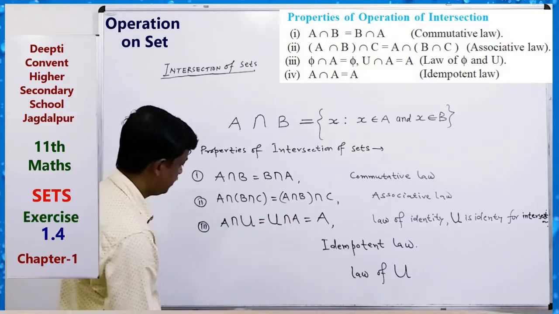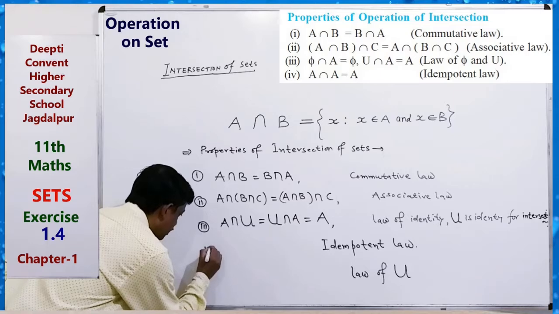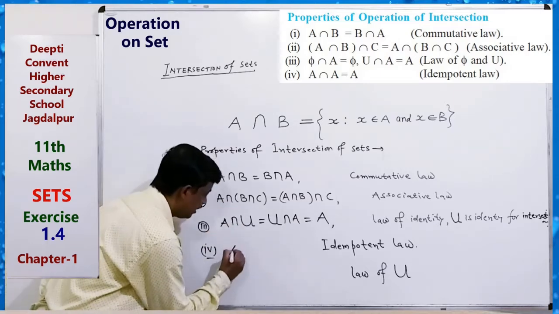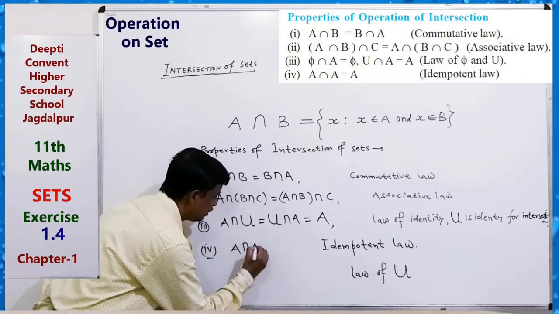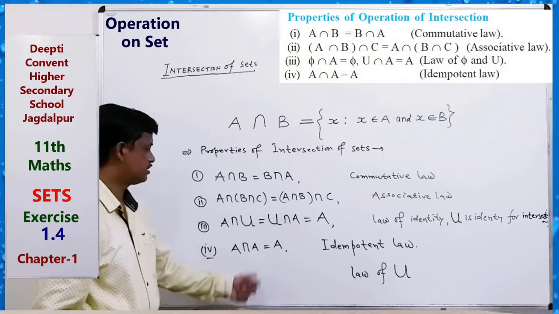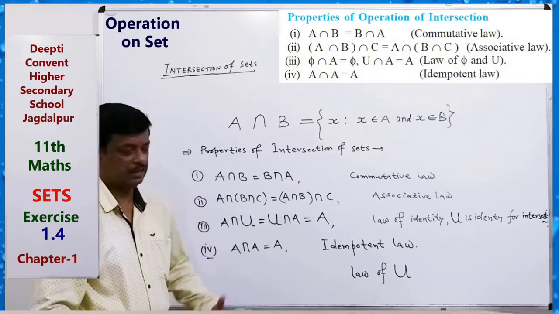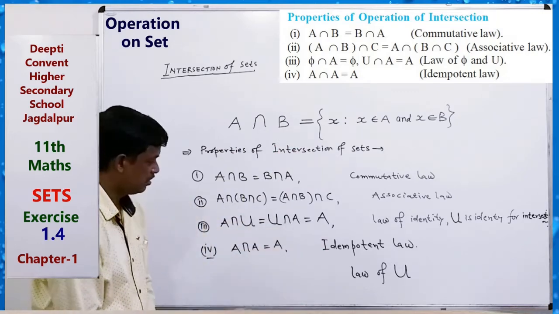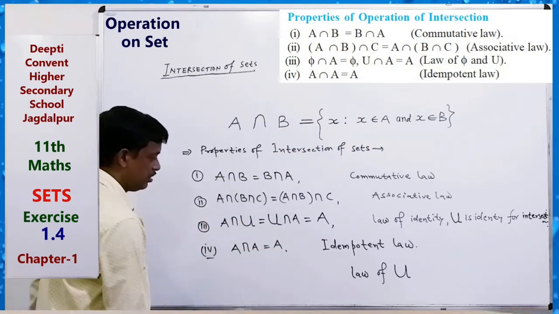Law of identity. Now fourth is also the same: A intersection A equals what? A. We get A intersection A as the common part of both: X belongs to A and X belongs to A means A. So this is the idempotent law.